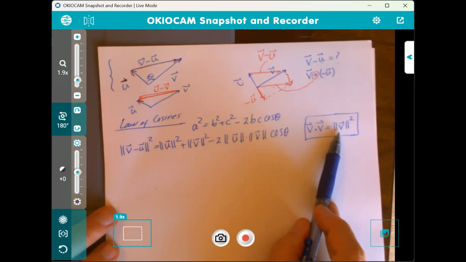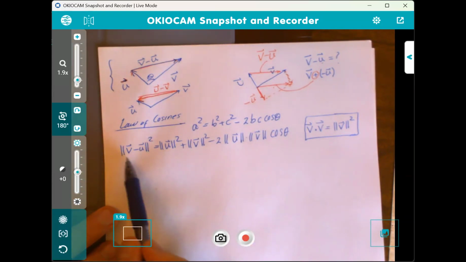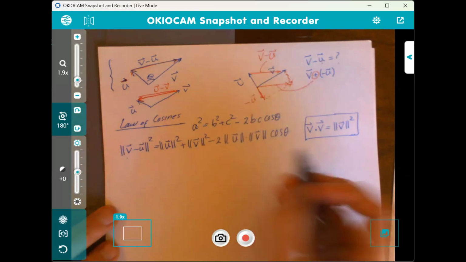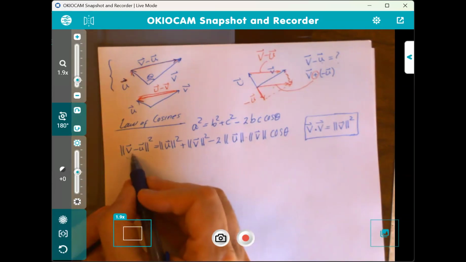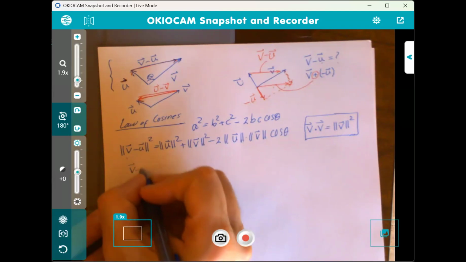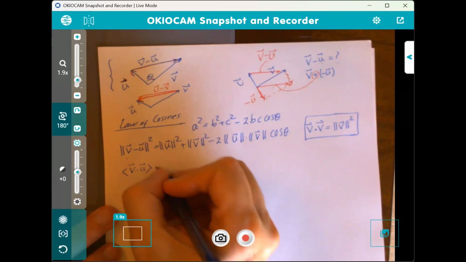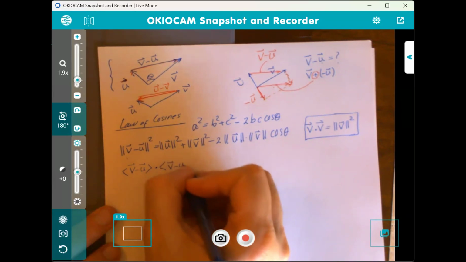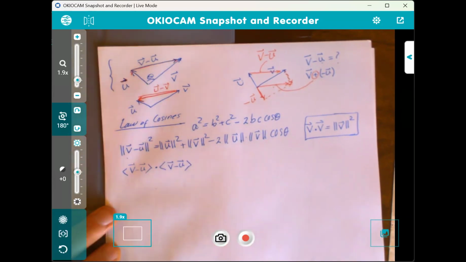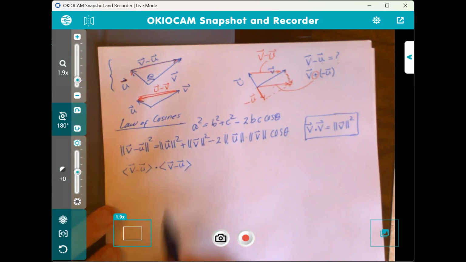So we can rewrite the left side as the dot product of v minus u by itself. So I can write it as v minus u dotted with itself, v minus u. That's the left side.